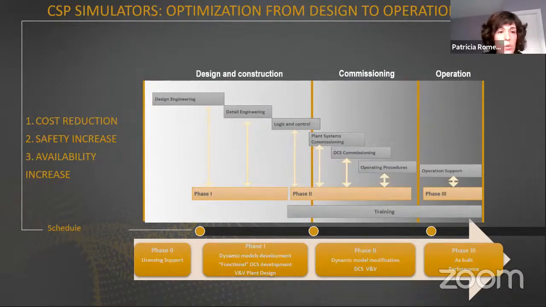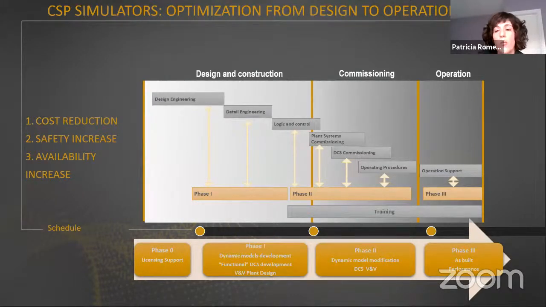We can use the simulator in the same way. If you want to try in advance one change in your plant, you can use the simulator if its scope is correct for doing that. In this case, you can also boost those changes.